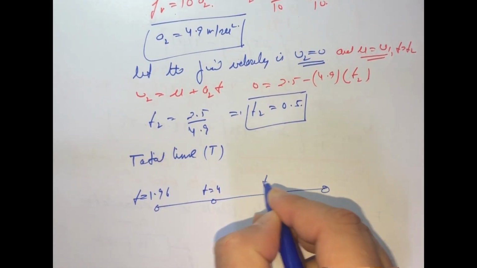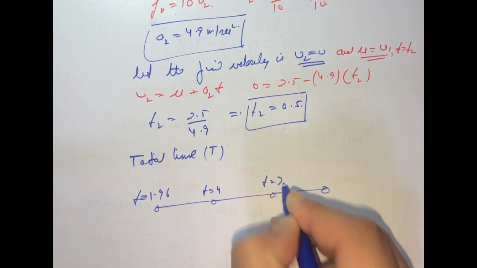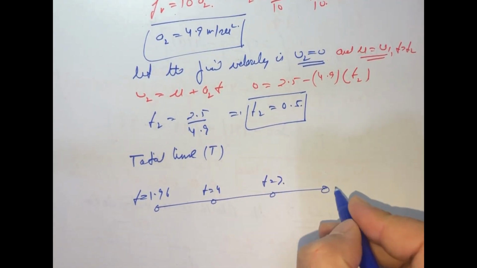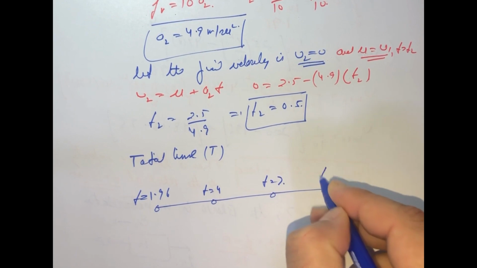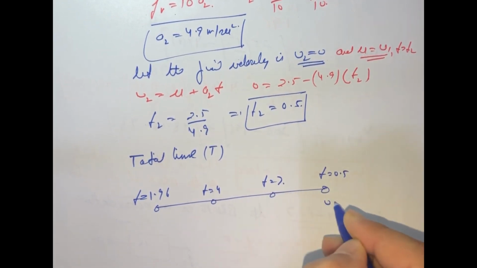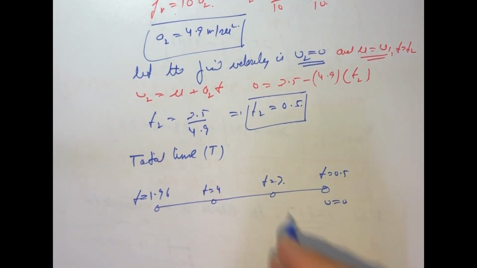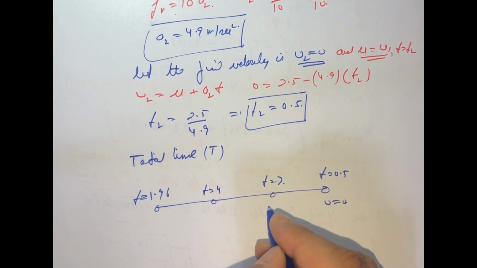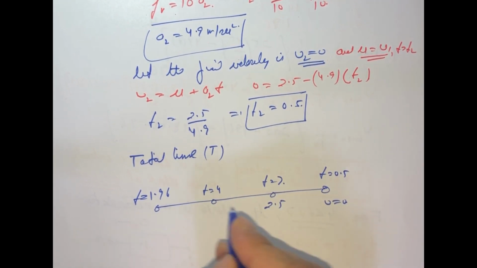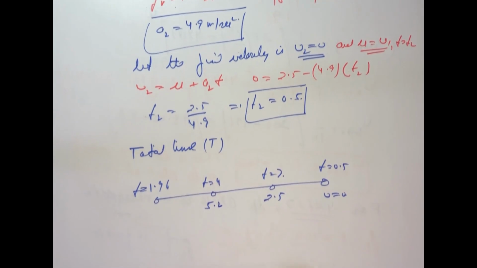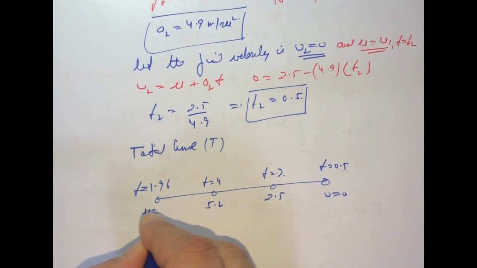The next change happens at t equal to 7 seconds, and finally it comes to a stop at t is equal to 0.5. So here v is equal to 0. Okay, here the velocity was 2.5, here it was 5.2, and here the initial velocity was 0.